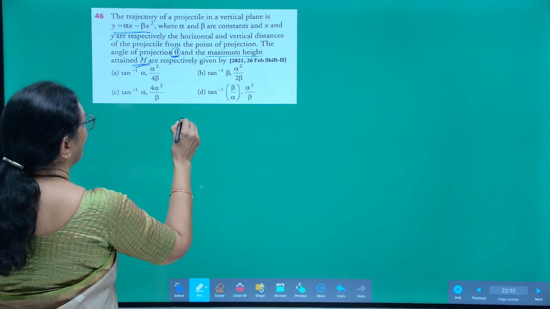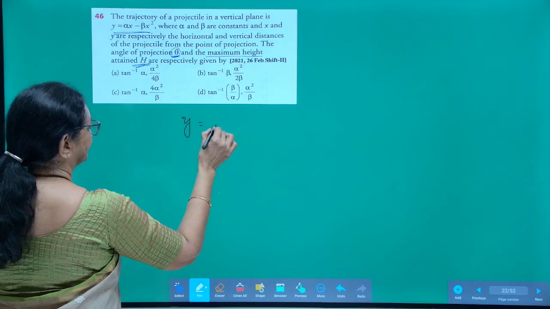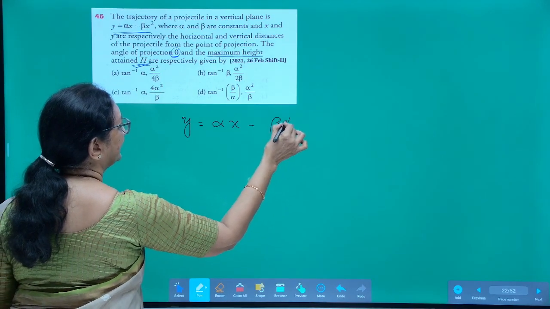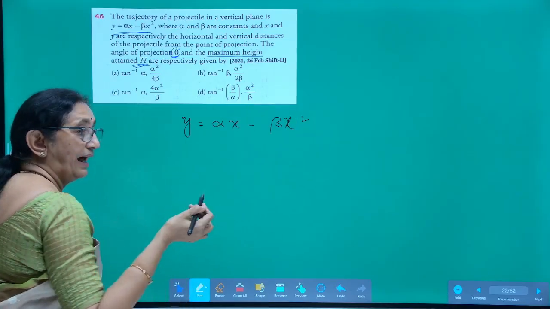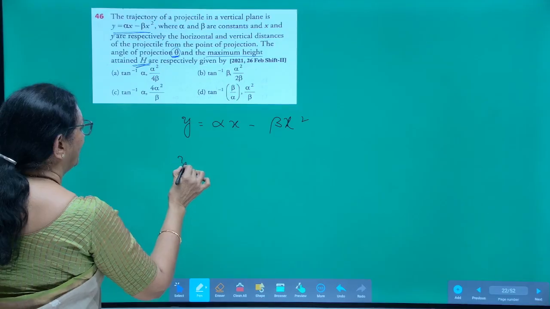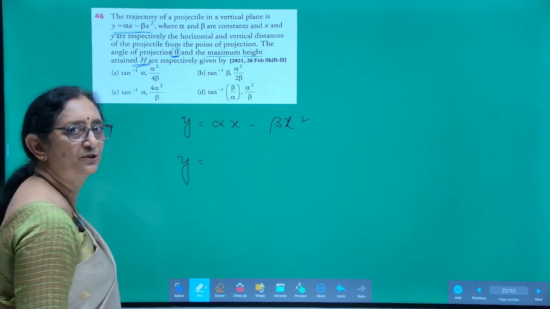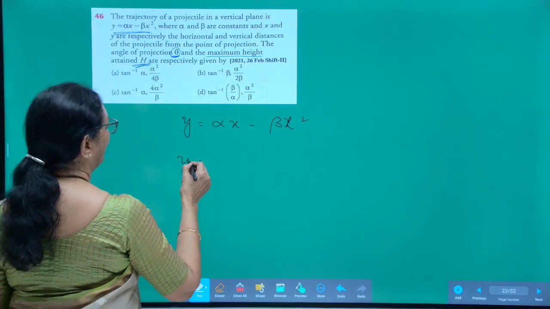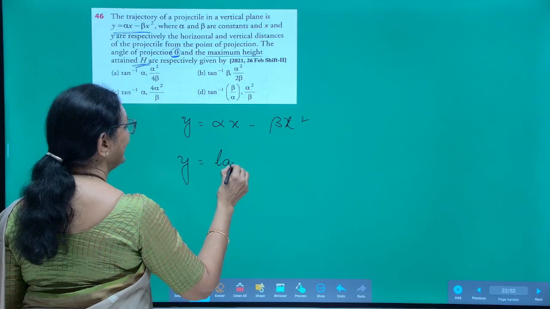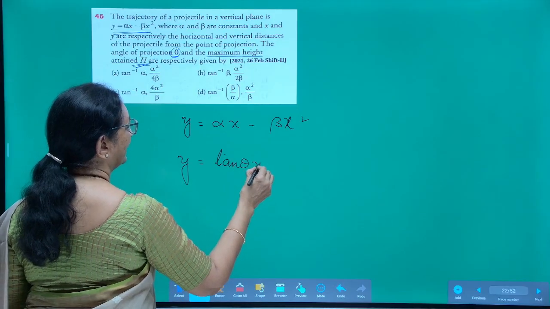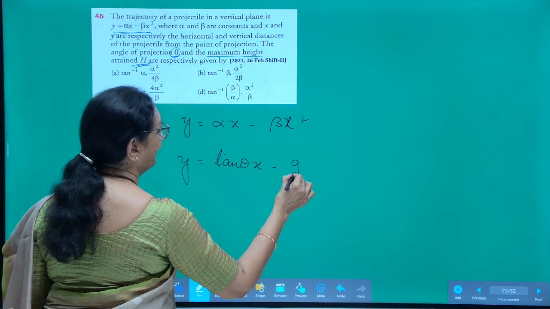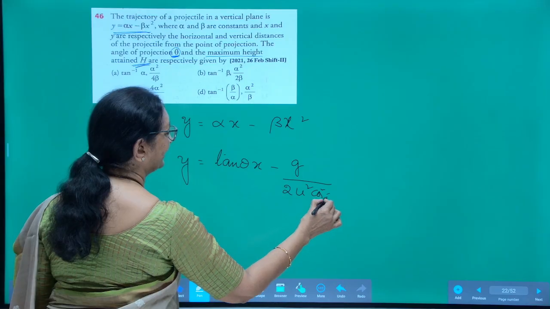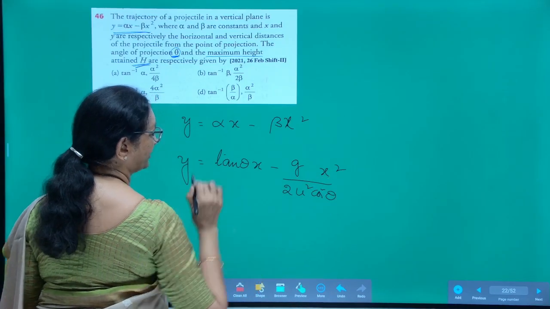See here, y is equal to alpha x minus beta x square. Actually, in projectile, we have derived the relation between horizontal and vertical displacements as y is equal to tan theta x minus g by 2u square cos square theta into x square.